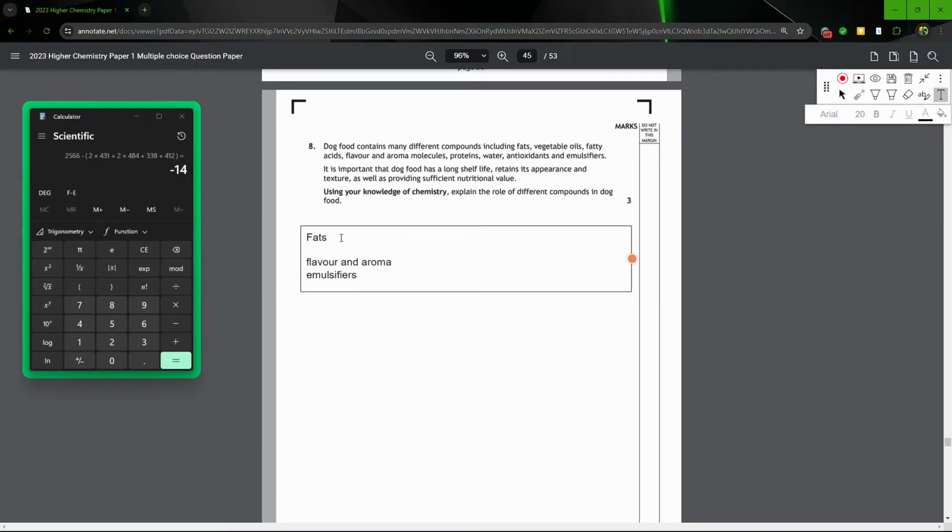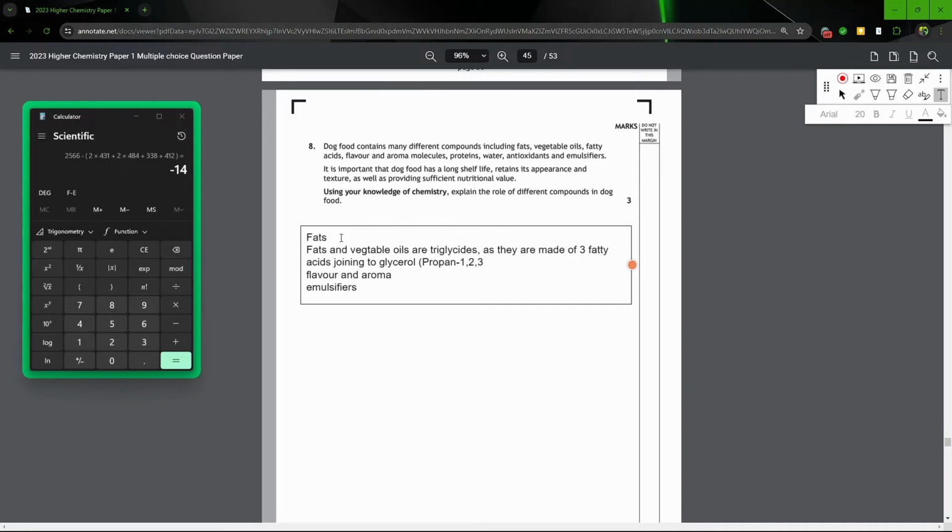So fats and vegetable oils are triglycerides, as they are made of free fatty acids joining to glycerol, which is actually propane-1,2,3-triol, in condensation reactions.